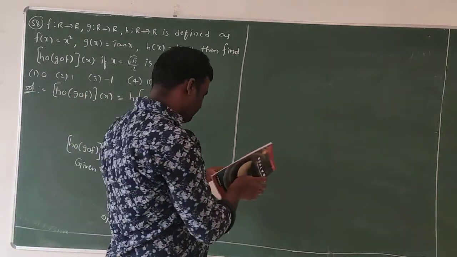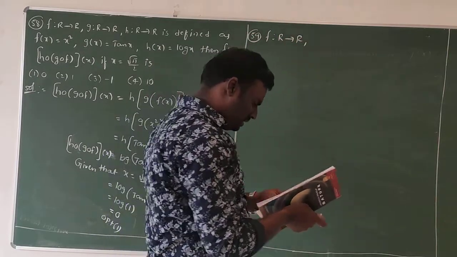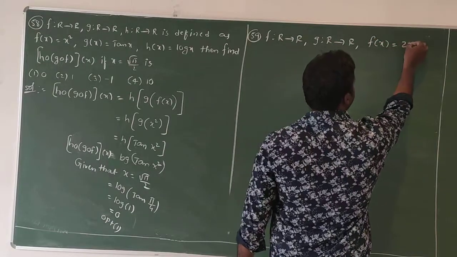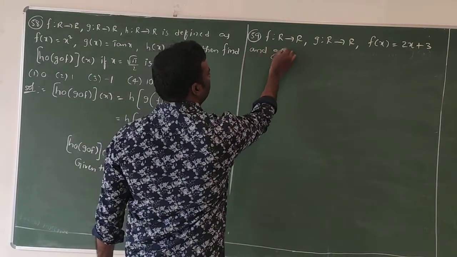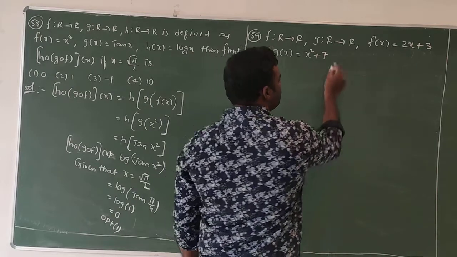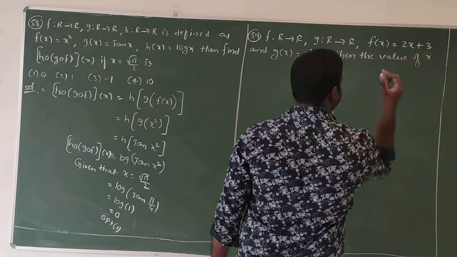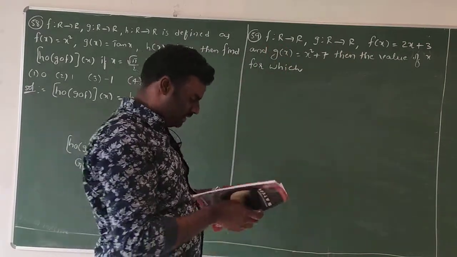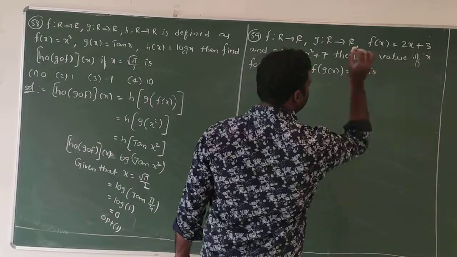Next, 59. f maps R to R and g maps R to R defined by f of x equals to 2x plus 3 and g of x equals to x square plus 7, then the value of x for which f of g of x is 25.